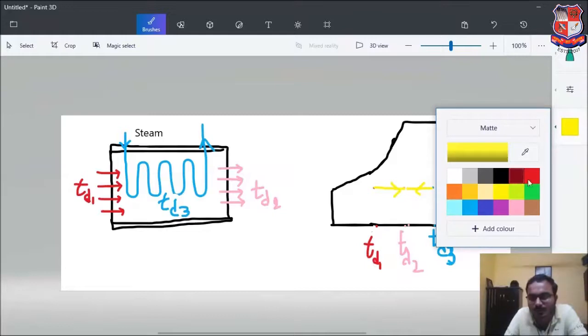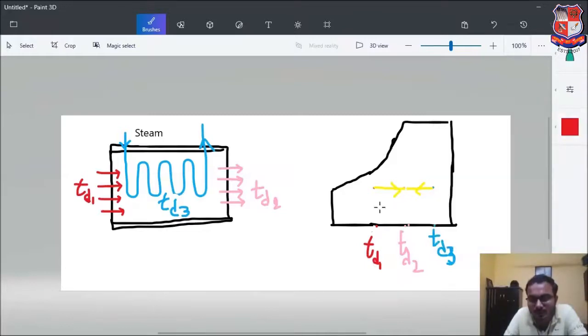So we can denote the numbers. This will be our point 1. The second will be point number 2, and the third, the steam point, is point number 3. As you can see, the steam is getting cooled down and this air is becoming hot. So this is sensible heating.